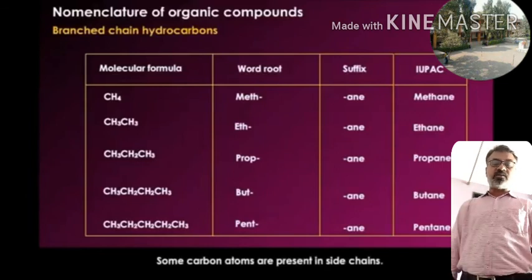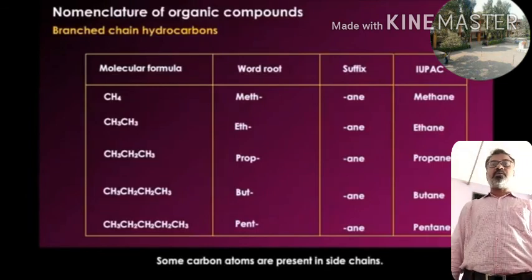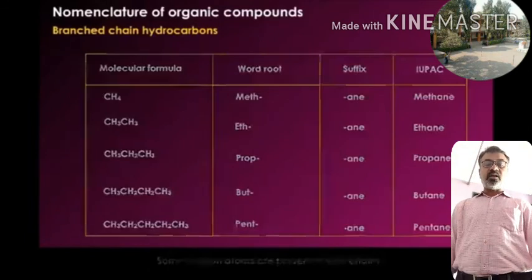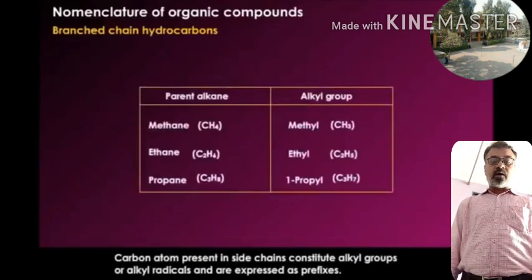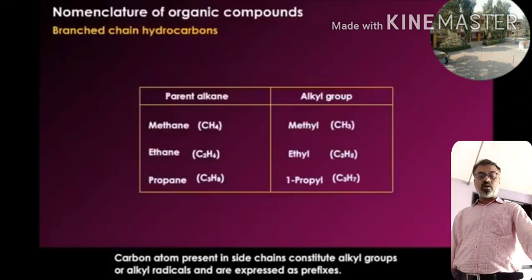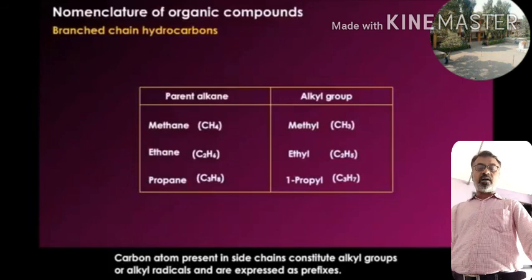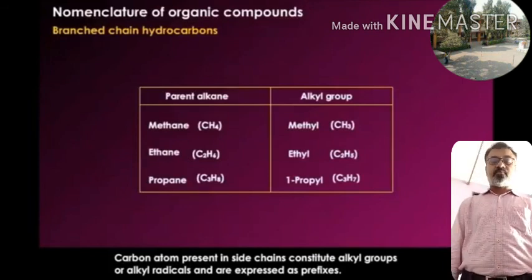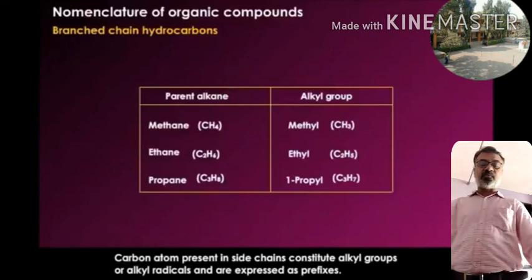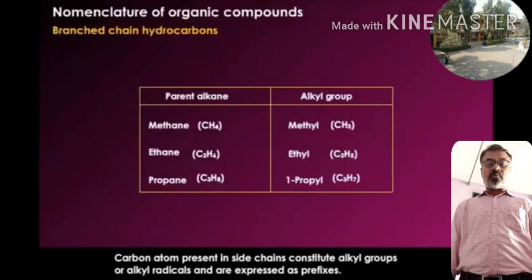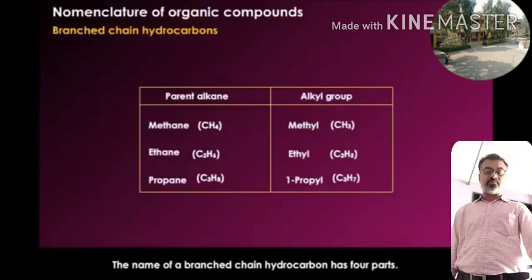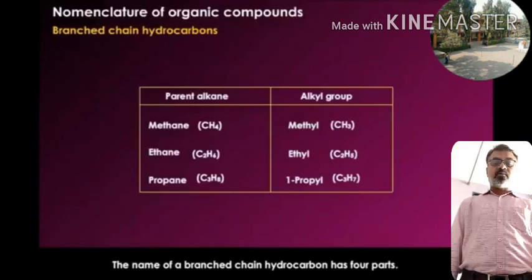In a branched chain hydrocarbon, the carbon atoms present in the side chain constitute the alkyl group or alkyl radical and are expressed as a prefix to that hydrocarbon compound. The names of branched chain hydrocarbons have four parts.